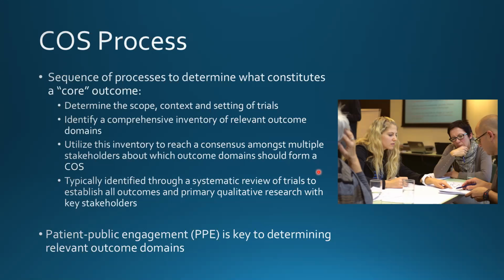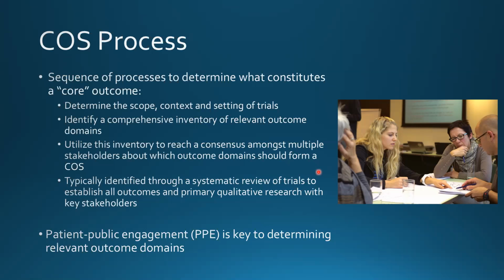So that could be policymakers, healthcare professionals, members of the public, former patients or clients that have experience of that condition, and ask them what are the important outcomes that they think should be routinely collected across trials.